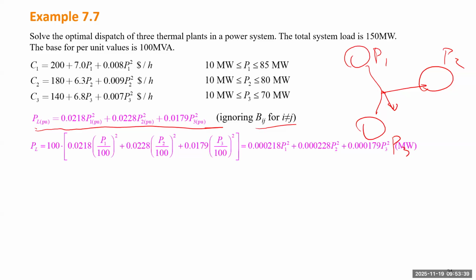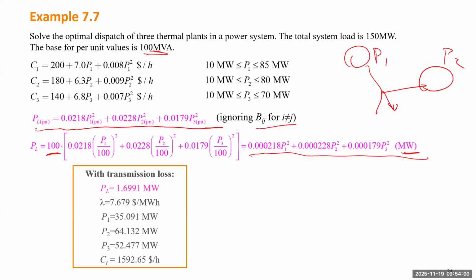That formula is actually in per unit. We can translate that formula into the unit of megawatt by multiplying by the 100 MVA base value. So this formula will be in the unit of megawatt, which is more straightforward.